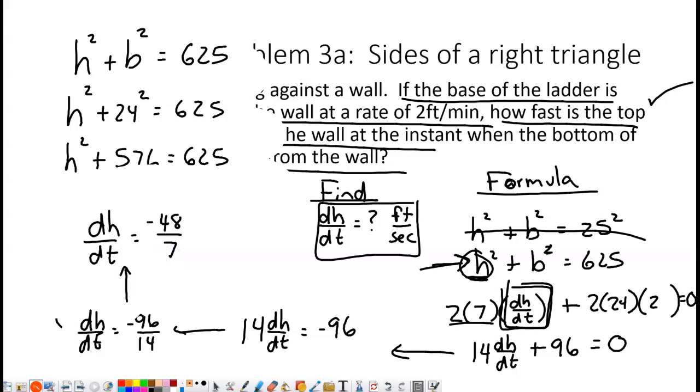I'm just going to leave it as a fraction. And that is in feet per second. And notice it's negative, and we expected that because as the ladder is being pulled away from the wall, the height would be decreasing. So the rate of change of the height over time is decreasing by negative 48/7 of a foot every second. Or actually, it's minutes, isn't it? Wasn't it minutes? It was minutes. Made a boo-boo there. My bad.